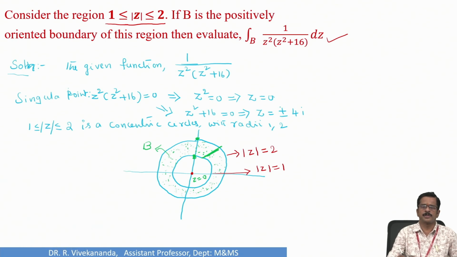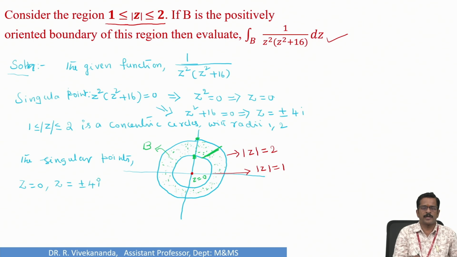The singular points are there, that is z equals 0, and z equals plus or minus 4i.